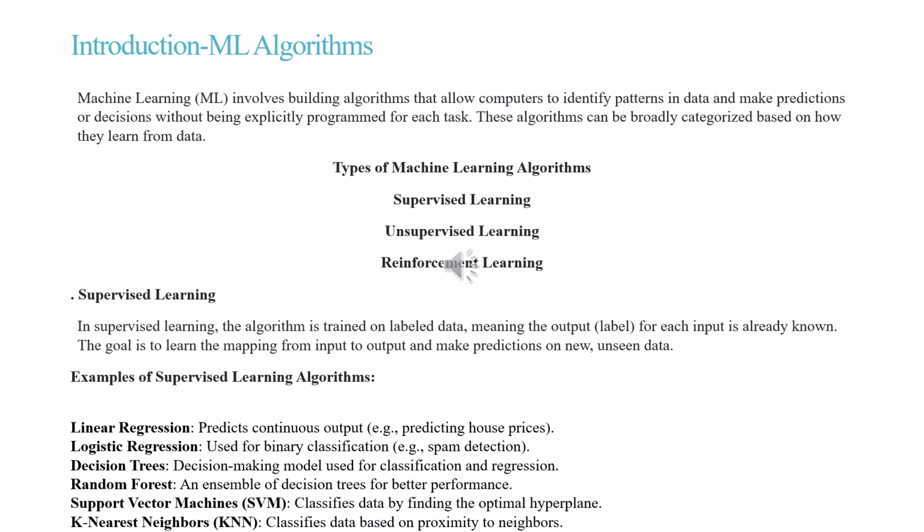A decision tree is a decision-making model used for classification and regression, and random forest is a collection of decision trees that gives better performance. SVM finds the optimal hyperplane, and KNN finds the closest neighbors. All these come under supervised learning algorithms.